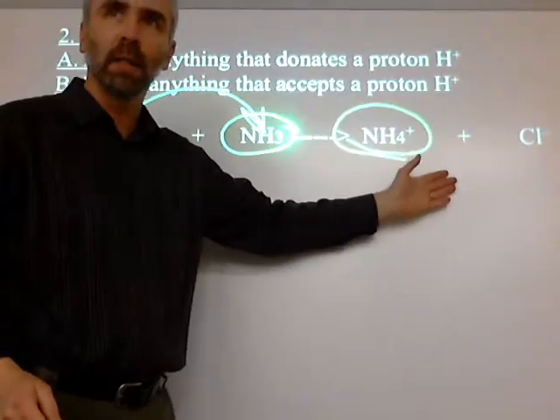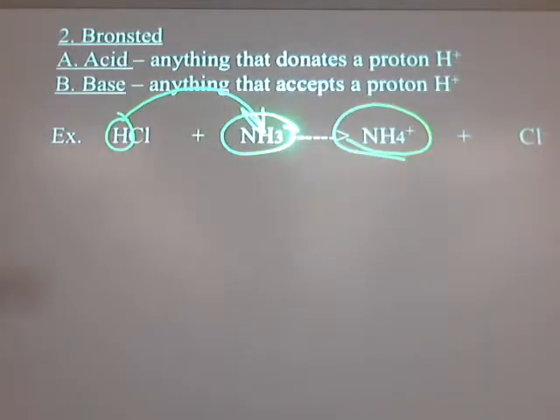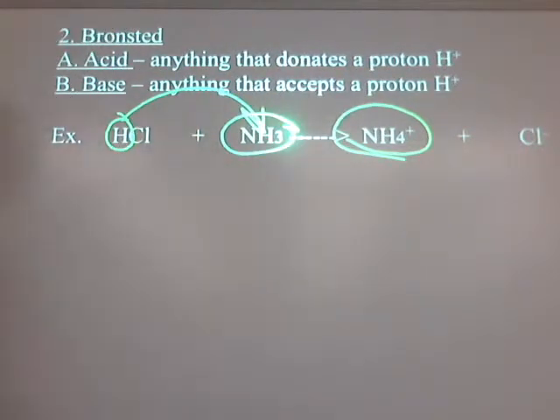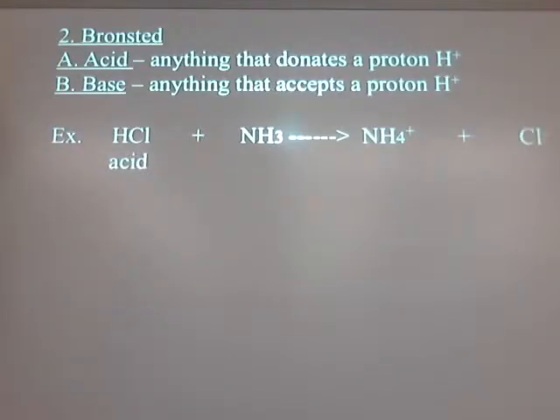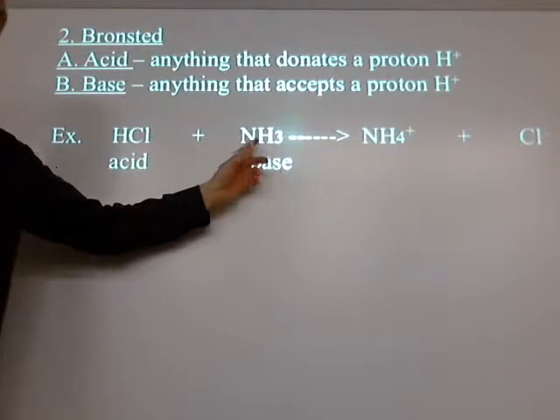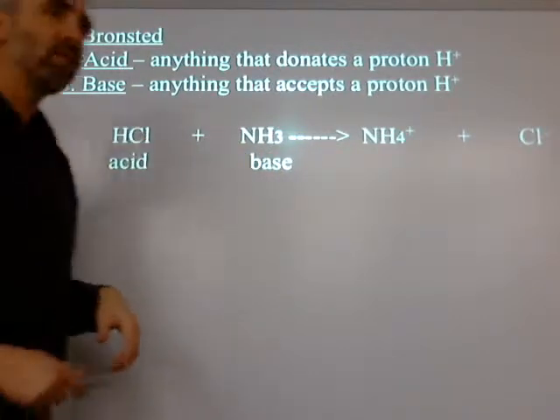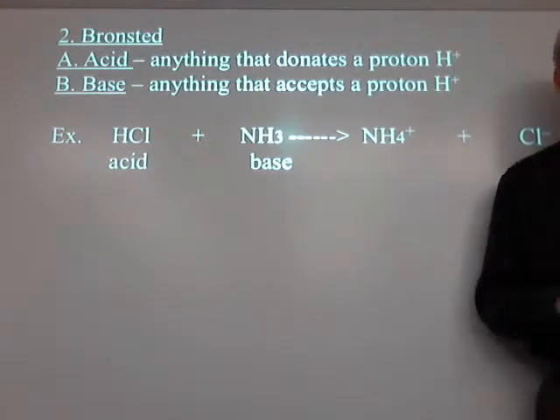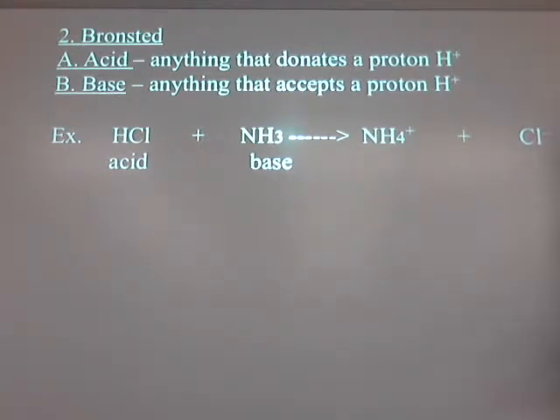It must have accepted an H. Knowing that, who is the acid and who is the base in this case? Well, look at the definition. An acid is anything that donates an H. Who's donating the H? HCl. So it is our acid. NH3, meanwhile, is accepting the H, forming NH4, and therefore it is our base, according to Bronsted.